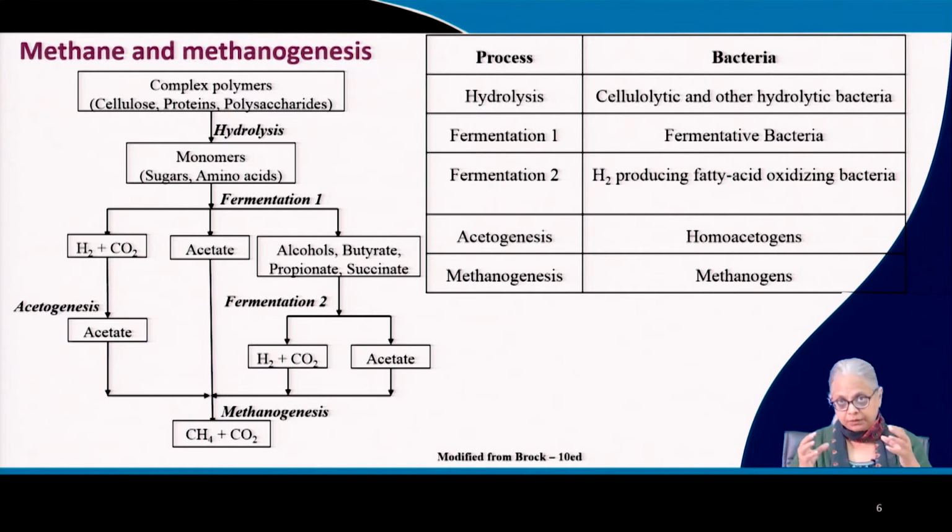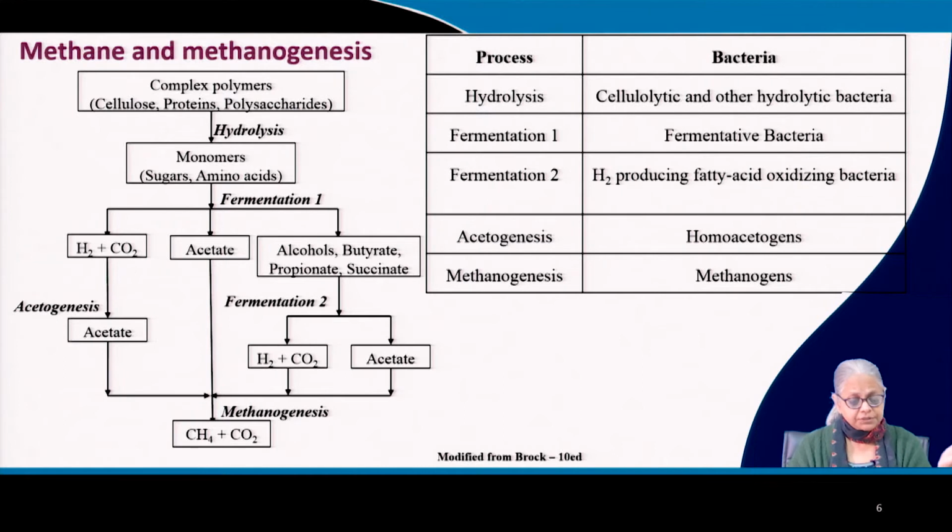Because remember, the cell wall of most of these bacteria is relatively impermeable. So for these large molecules to enter into the cell is very difficult. So the only way they can enter into the cell is first they have to be broken down into monomers, and this is hydrolysis. So you have cellulolytic as well as hydrolytic bacteria and their extracellular enzymes that are responsible for breaking down these polymers into monomeric form. These monomers can then be brought into the cell.